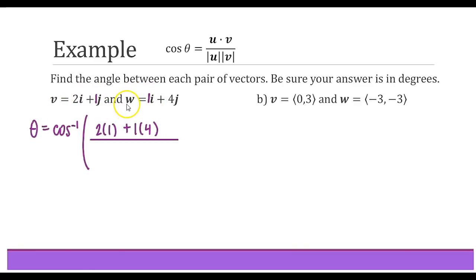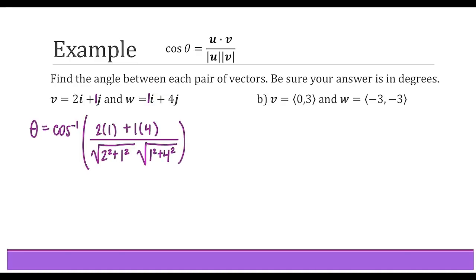So here they're called v and w, so in the formula they were u and v, but the magnitude of each individual vector. So we're going to do the square root of 2 squared plus 1 squared, and then times the square root of the second vector's values. So we're going to have 1 squared plus 4 squared.